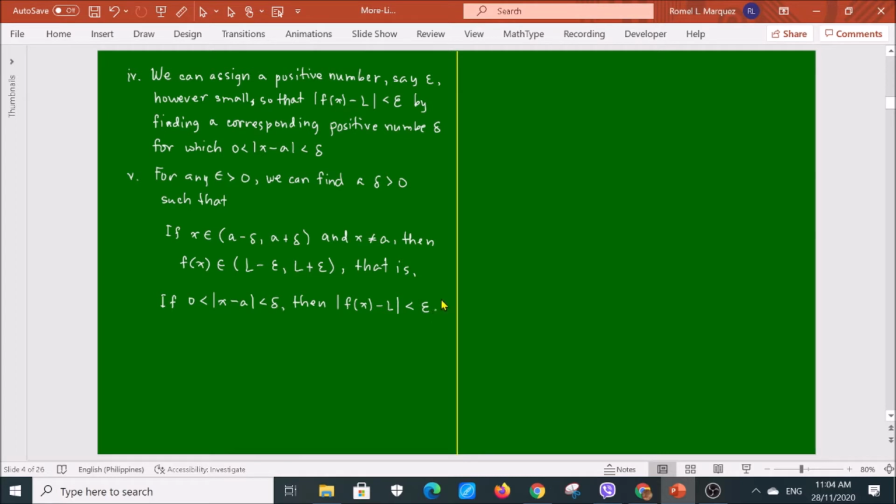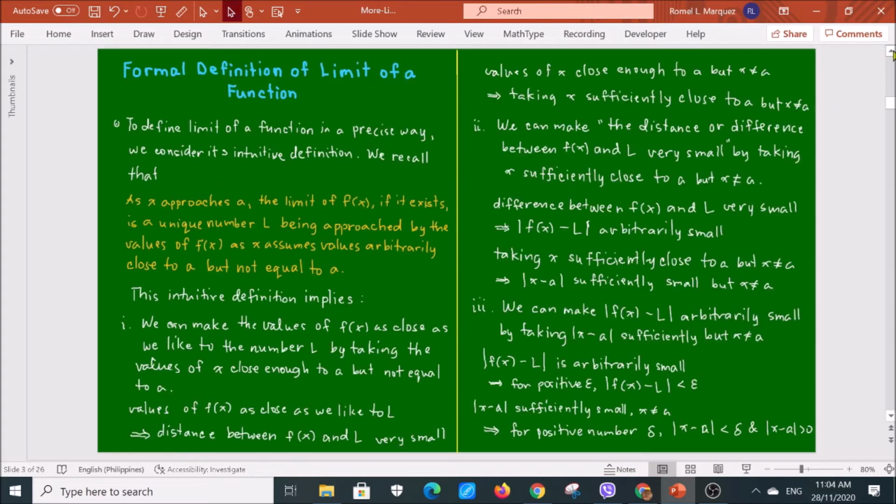Okay? So that's what we mean by the definition that we had intuitively.